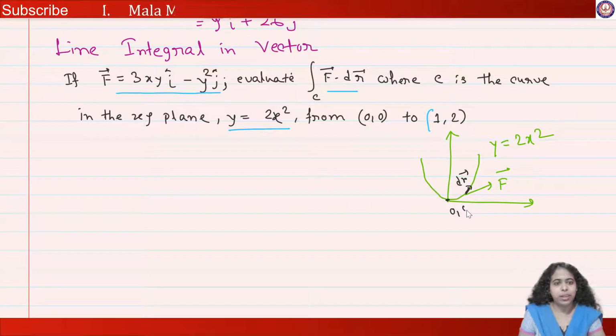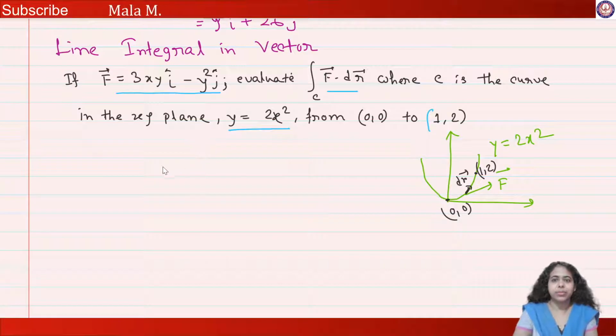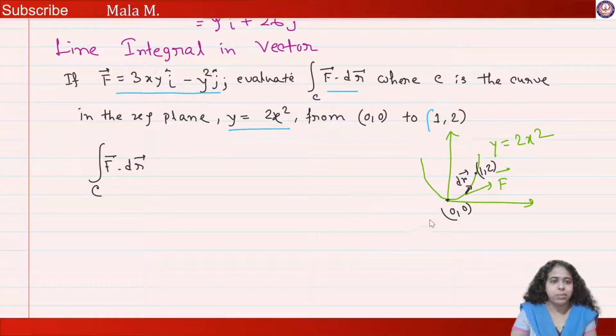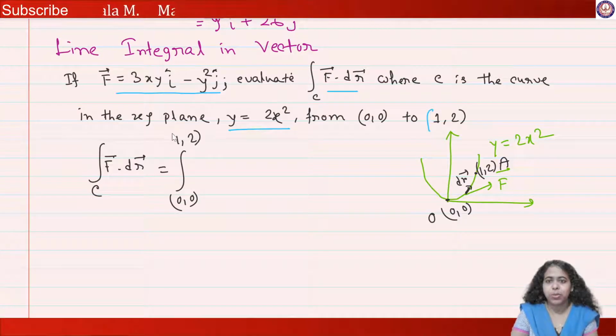So for the point (0,0) to (1,2), we have to find the total work done. For that we have to integrate F dot dr. Let's name this point as O and this point as A. So basically it is from point (0,0) to (1,2).